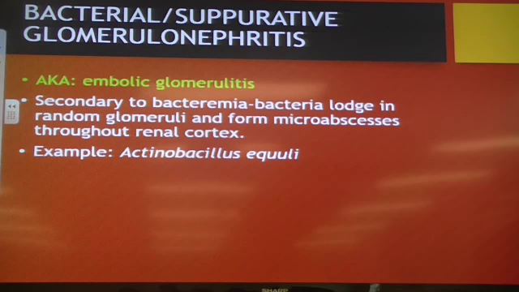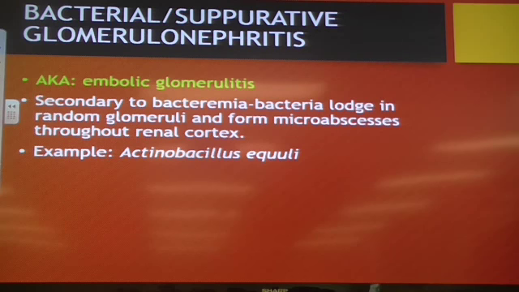So it can be in the respiratory system, in the lungs, and the other place would be your renal system. So if those tiny bacterial emboli lodge within your glomeruli, they're going to attract inflammation. So what's the primary inflammatory cell you see with a bacteria? Neutrophils.